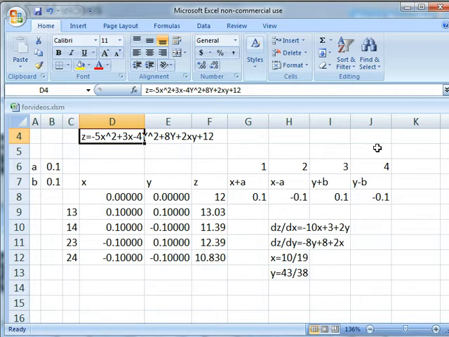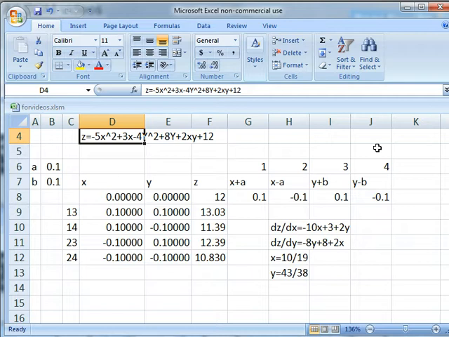The solution would be readily computable as x equals 10 divided by 19 and y equals 43 divided by 38, and that would be the highest point of the function.